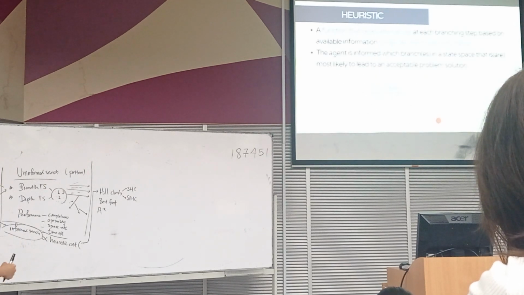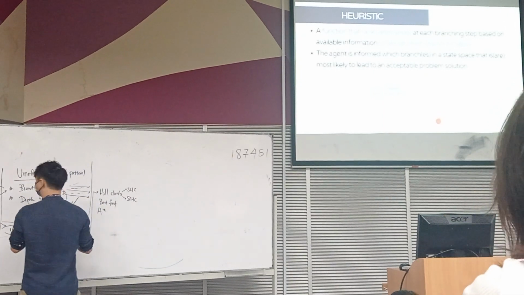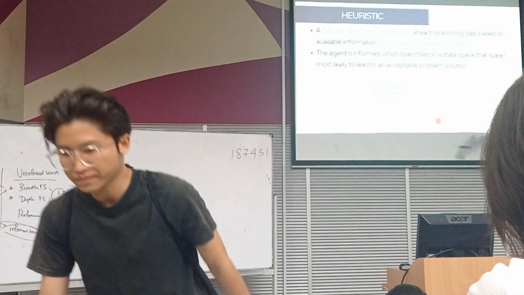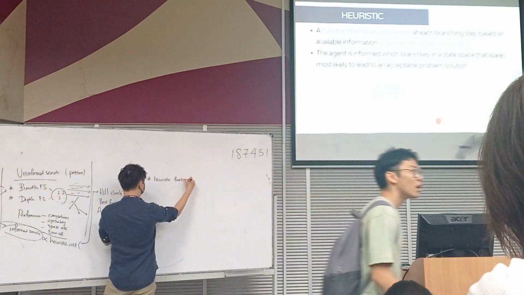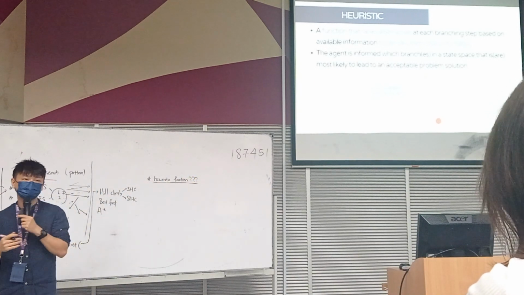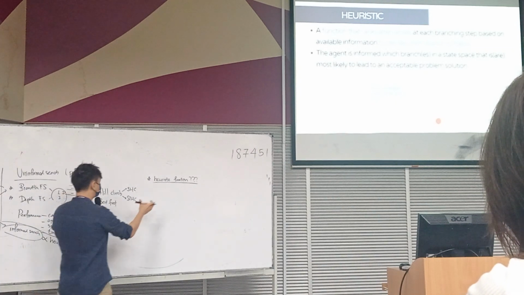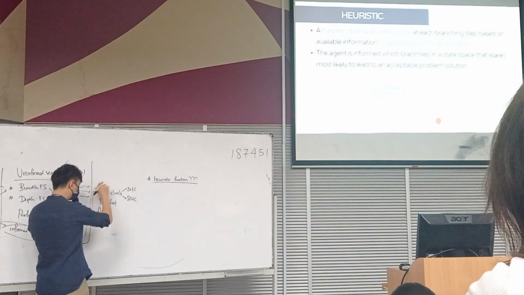Before we start heuristic search, you have to understand what heuristic functions are. This is the first keyword that you have to understand, because the heuristic function is going to generate the cost for these algorithms.